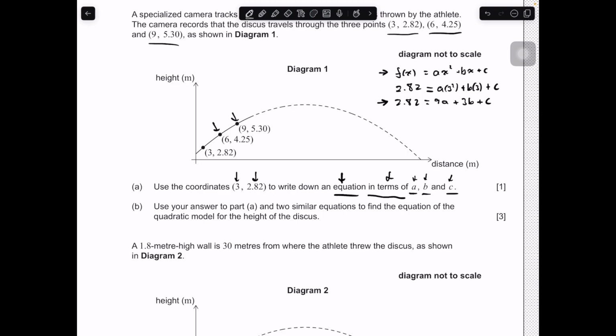So here's equation 1. Let's go ahead and find equation 2. Substitute these values.